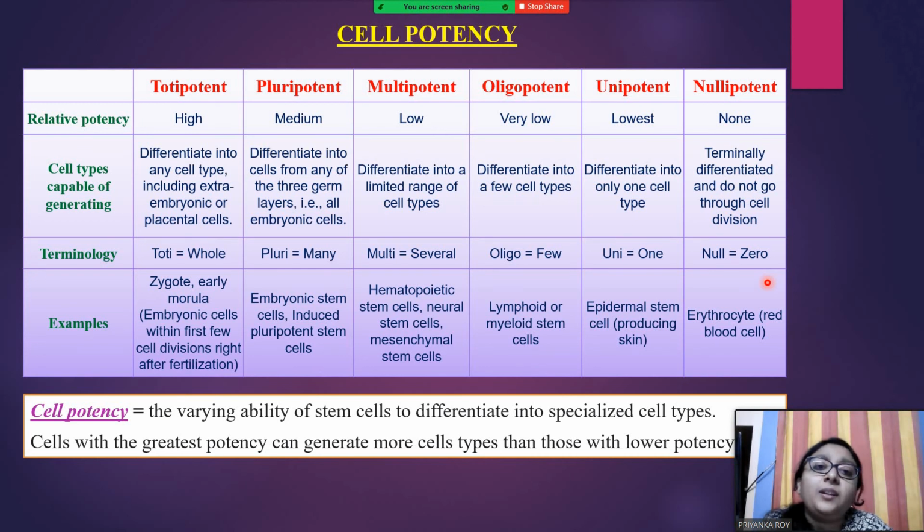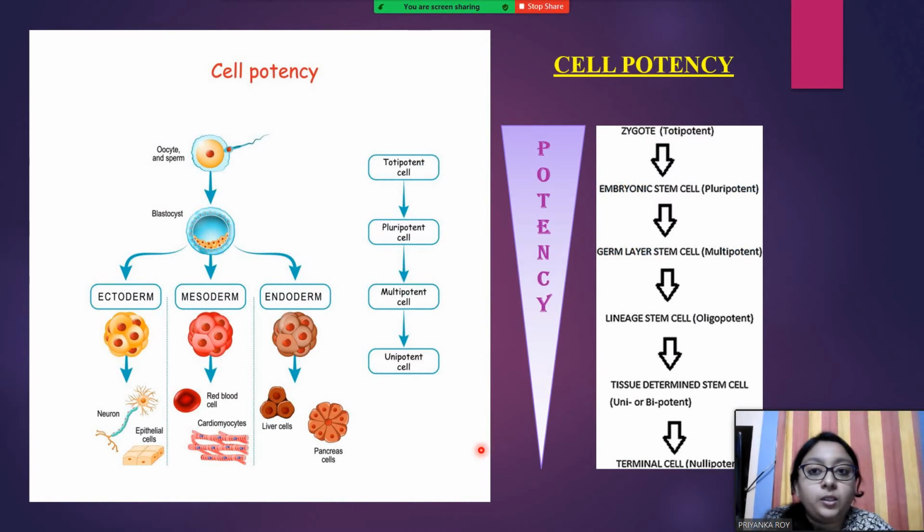So it is terminally differentiated. They neither go through any cell division, and differentiation is just out of the question. So in that case, we can call it a nullipotent cell and its potency is none. So I think the cell potency concept is clear to you now.